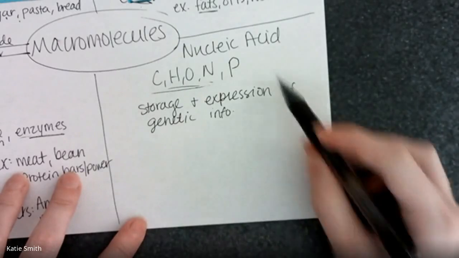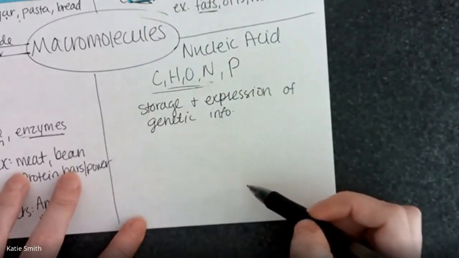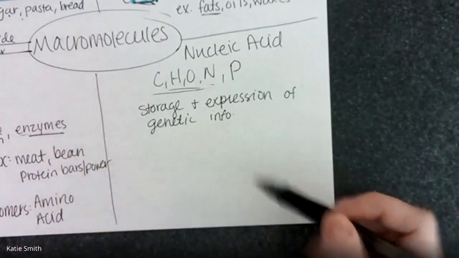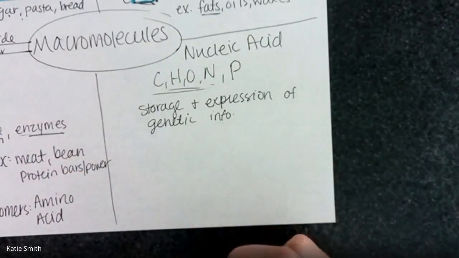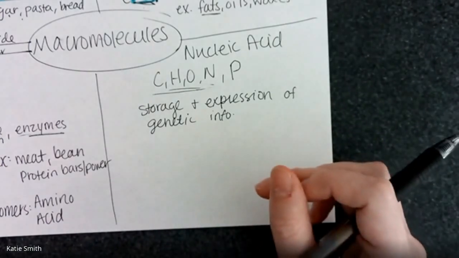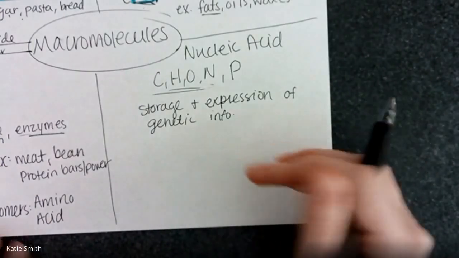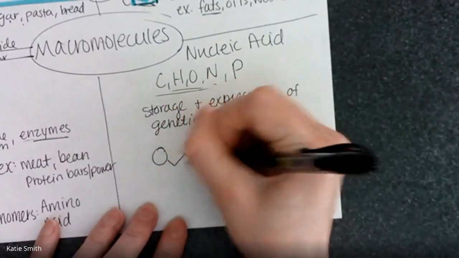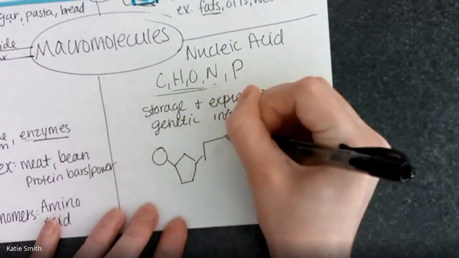We will go into plenty of detail on nucleic acids and how they store and express genetic information, but we won't go into a ton of detail this time. This is just for the structure. One single unit looks a little bit like this.